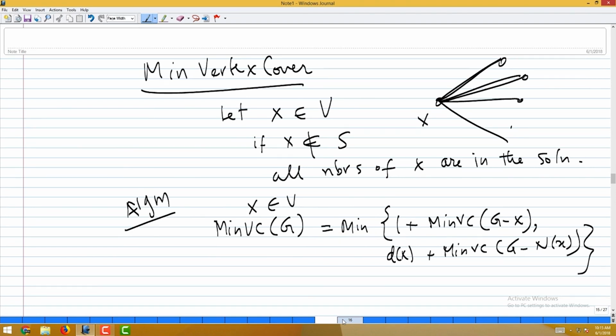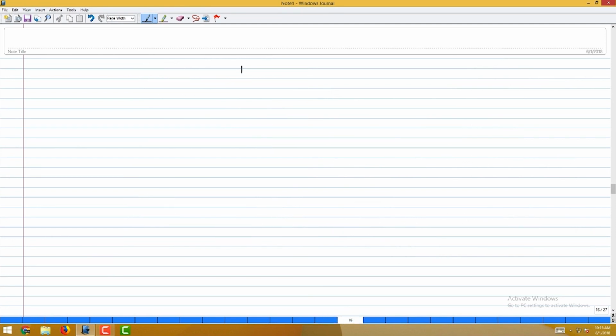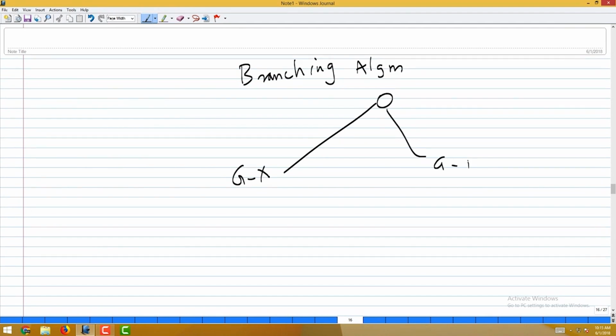In the other branch, take all the neighbors and recursively find the minimum vertex cover of the remaining graph. So, my branching algorithm starts here, and I say here I will have g minus x, and in this branch g minus the neighborhood of x. So, 2 subproblems of smaller size.